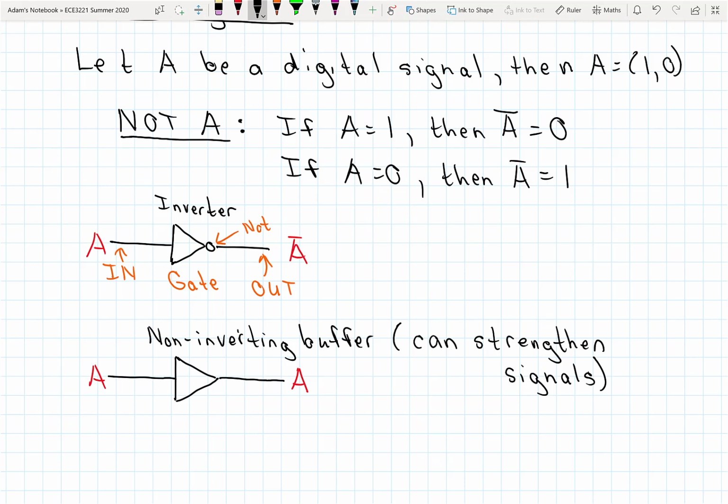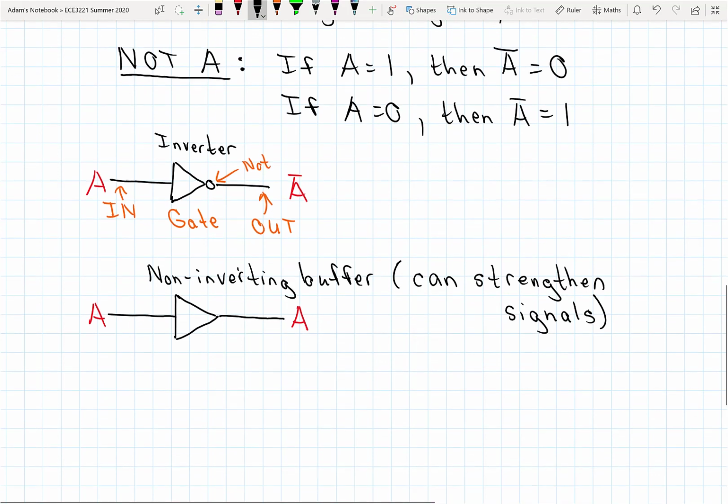So maybe you have something that you need to power from the output of your digital device that you can't drive directly. Maybe it's an LED, a common example. So you might use a non-inverting buffer, so it doesn't change the logic state of the signal, but it does provide more current capability. So it acts like an amplifier.